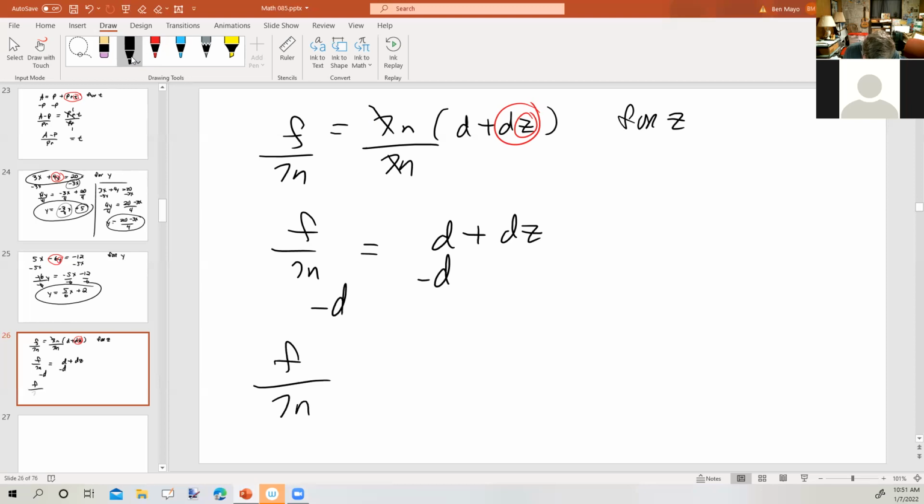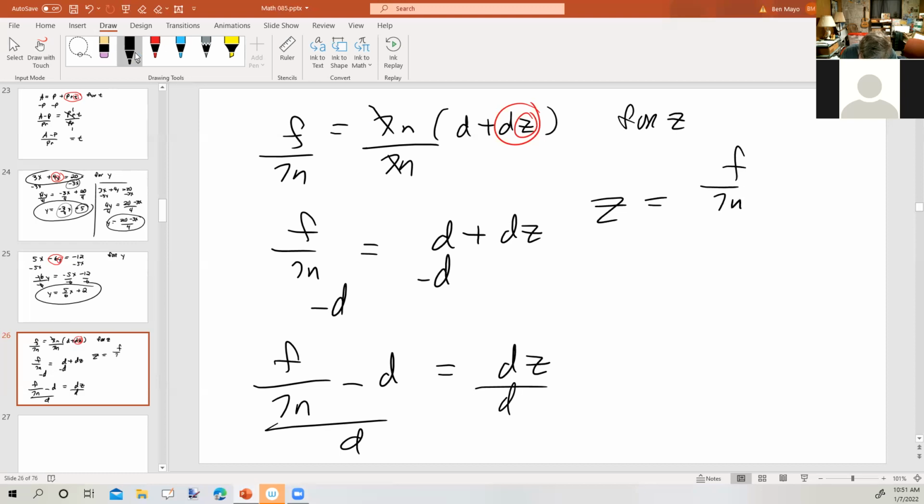So F over 7n minus d equals dz. So now I've got the variable and the variable term. It's time to isolate the variable. So I'm going to have to divide both sides by d. So I got z equals F over 7n minus d, the whole thing over d.